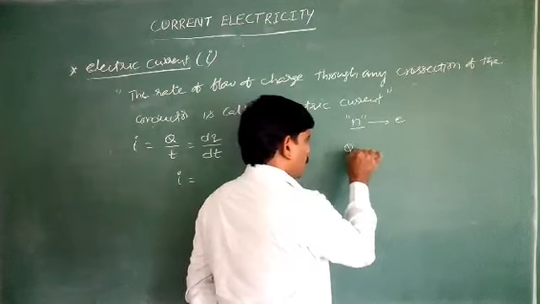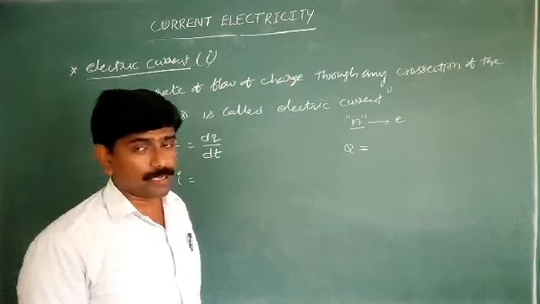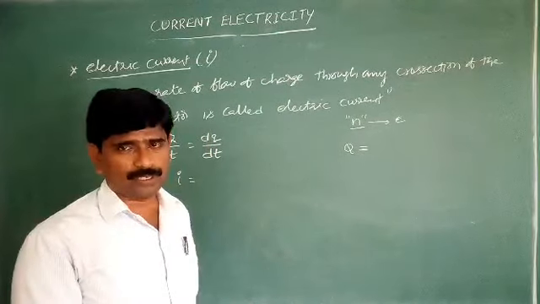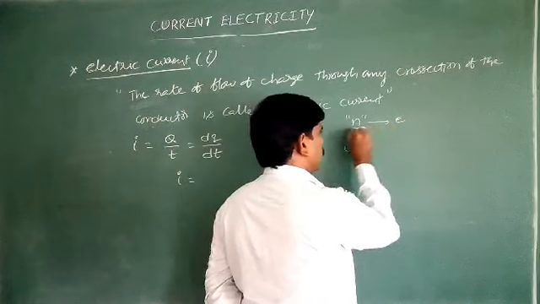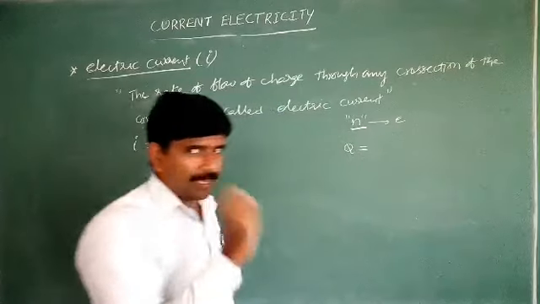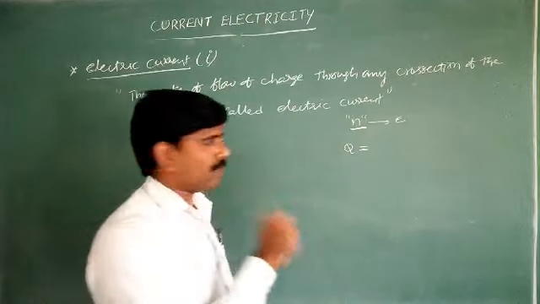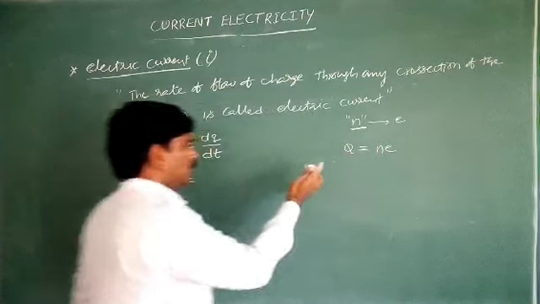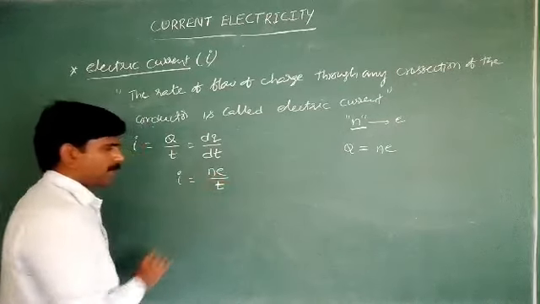Observe, we know that charge is quantized. The charge of any body is always an integral multiple of the charge of the electron. So if n is the number of electrons passing through the cross section of the conductor, then Q is equal to Ne. So I is equal to Ne by T.